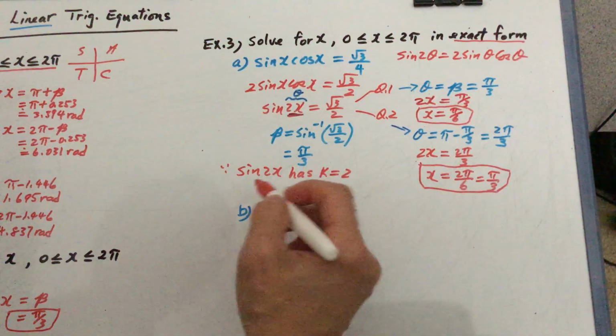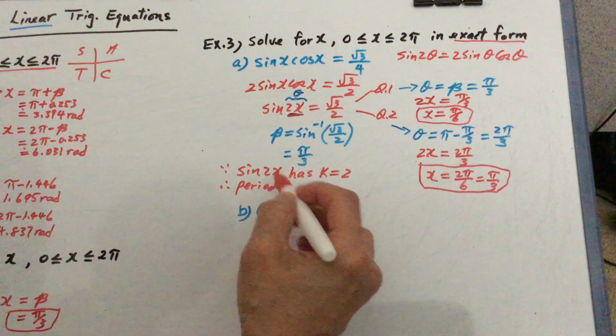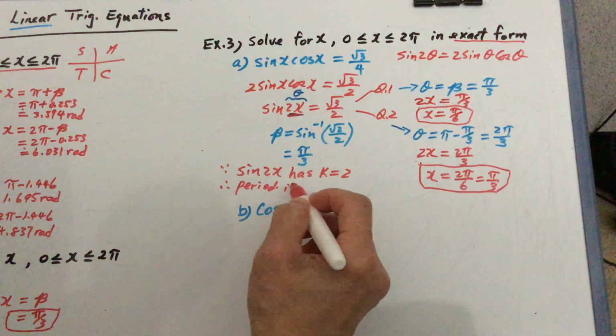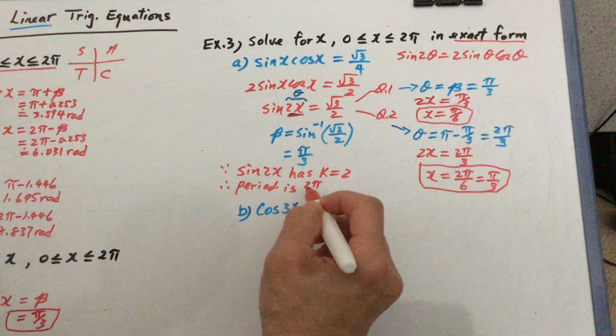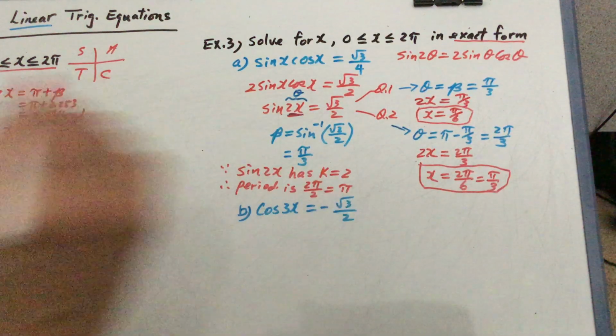So that means the period for this particular question is 2 pi divided by k, so the period is only pi.